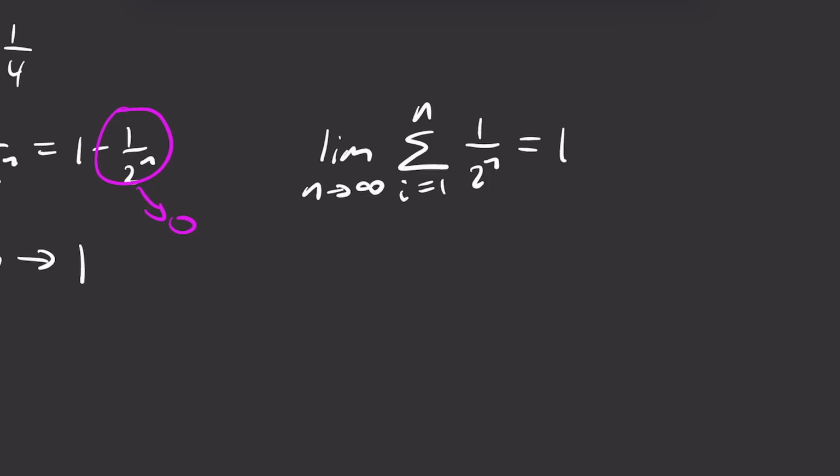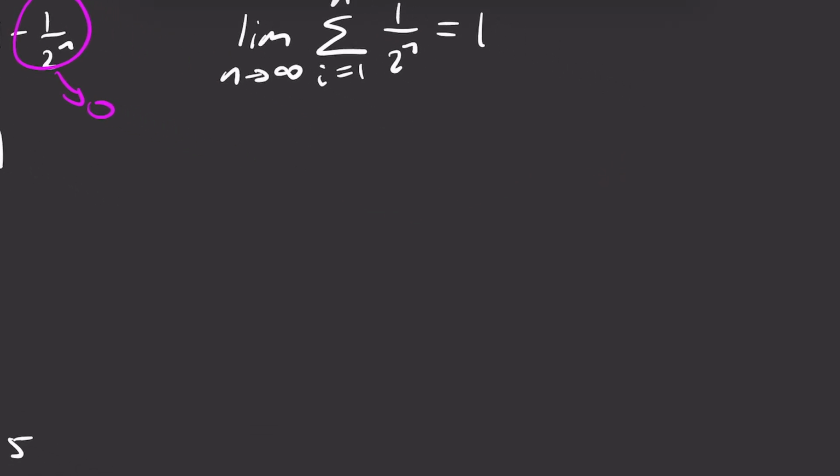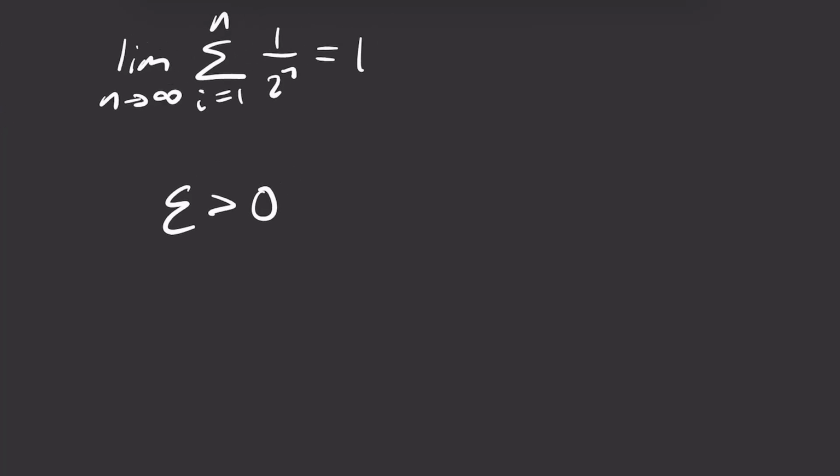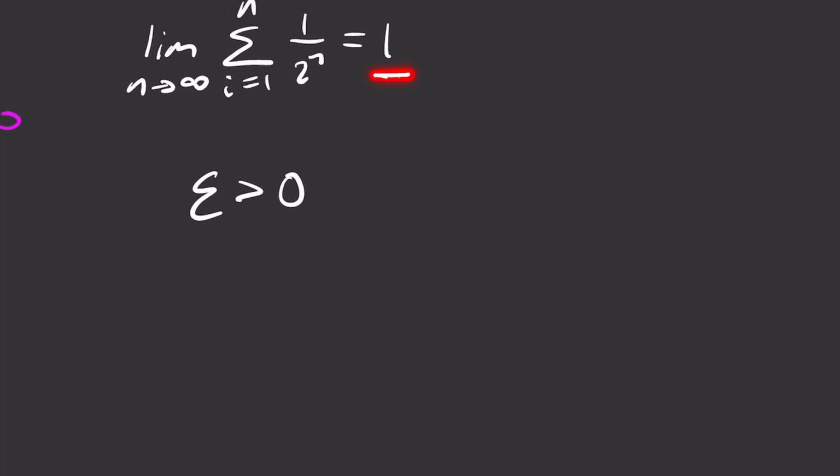So what this result says is that I can pick some really small number, let's call it epsilon, that's greater than 0, and I can take this limit and subtract from it the sum for when i equals 1 to n of 1 over 2 to the n.